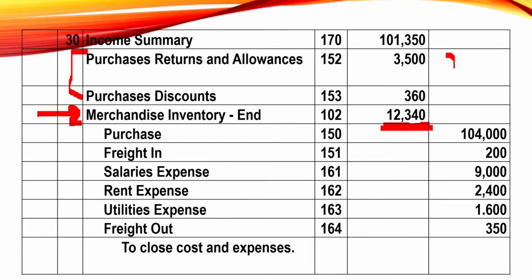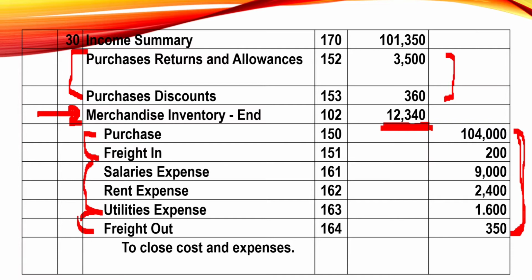So, just get the value of these accounts. We also have here the purchases, the freight in, all the expenses along with the freight in. Diba? Normally, we have debit values for these accounts. Diba? So, karon ato siyang gimong credit for us to close these accounts.